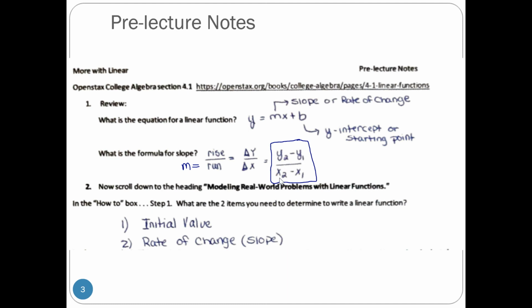In the denominator, we subtract the x values, again, always using the x2 or second x value first and subtracting. So in order to write any linear problem, we need two things. We need a starting point, that initial value, which is b, and we need the slope or rate of change, which is m. So if we can calculate these two things, or if we're given one and have to calculate the other, we have to figure those two out, and then we can write our formula.